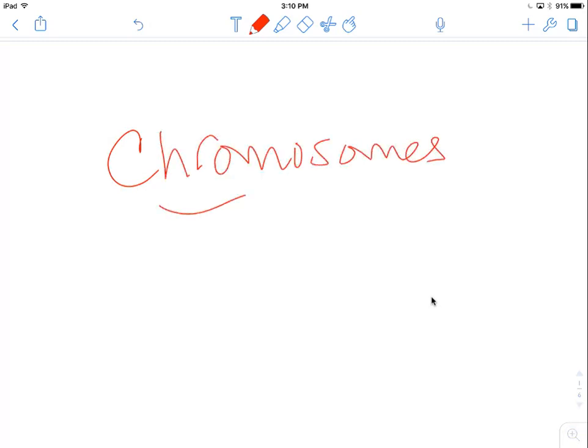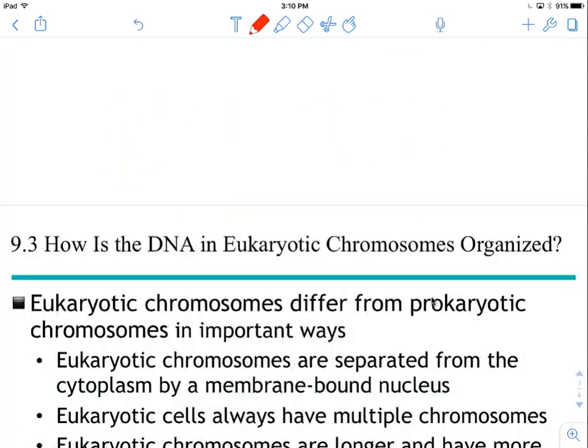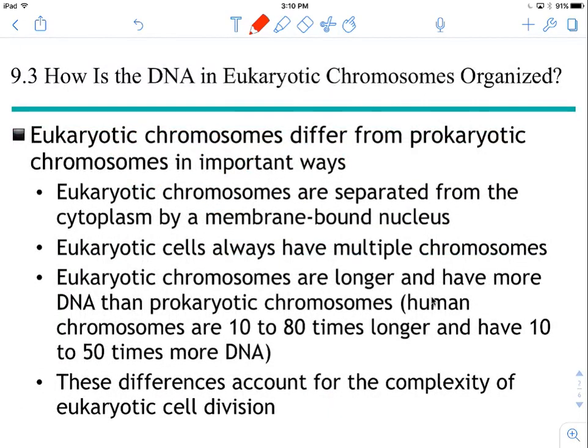Chromosomes, our favorite. All right, so of course, we're going to be more concerned with our eukaryotic chromosomes than our prokaryotic chromosomes, but make sure you know some of the differences. Eukaryotic chromosomes are, of course, in a nucleus, while prokaryotic chromosomes are not.